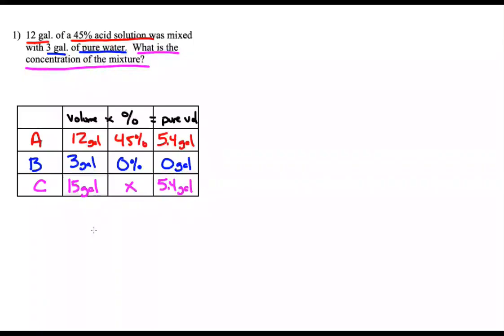So this concentration, X, is equal to, well, the concentration is the pure volume, so that would be 5.4 gallons over the 15 gallons of solution that we have. Okay, so the gallons are going to cancel.